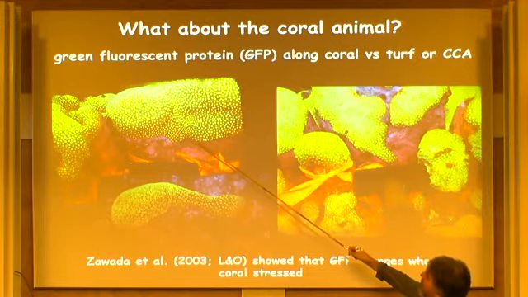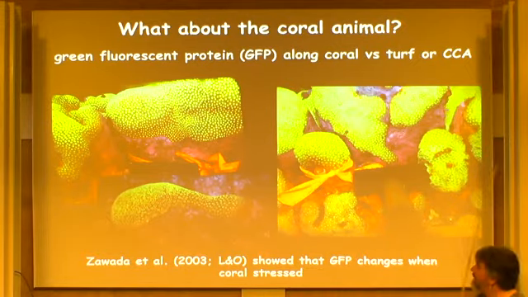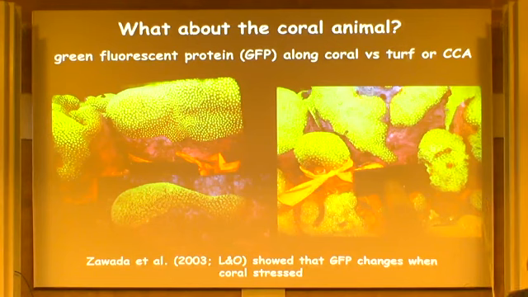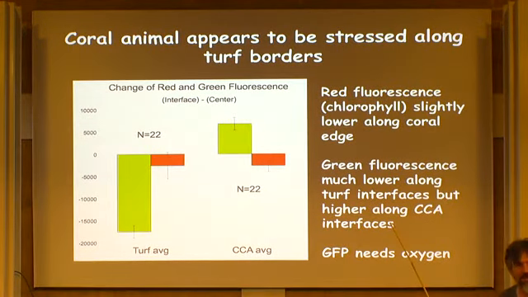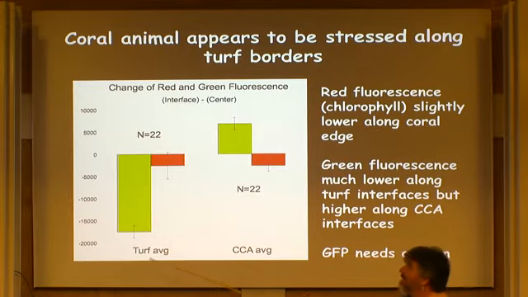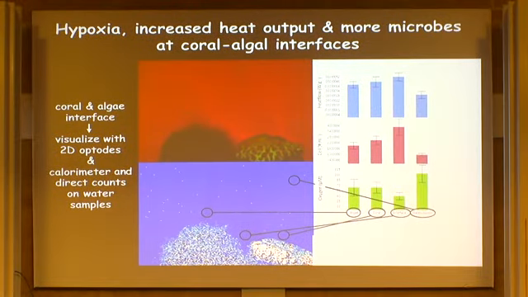And GFP is actually dependent on oxygen, right? So you can just go in the field and say, do they feel stressed in terms of their oxygen dynamics? And you see that when they're next to turf, they're oxygen stressed. When they're not next to turf, when they're next to CCA, they're not.